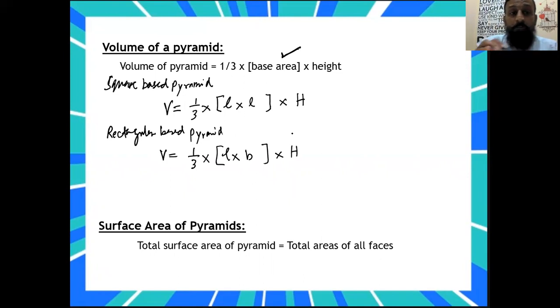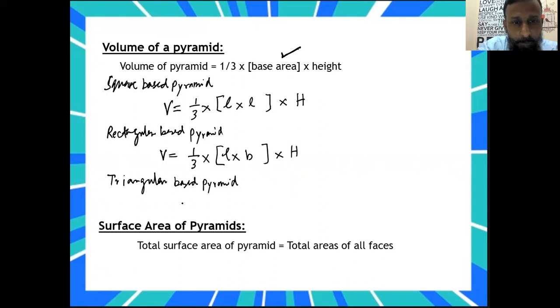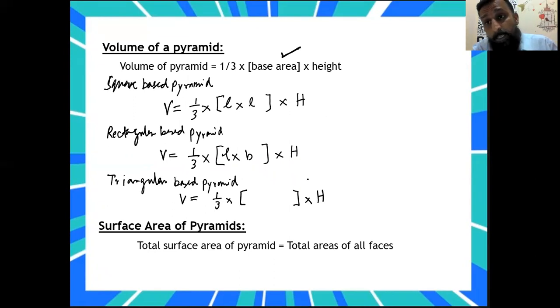Example number 3, if we have a triangular base pyramid, so dear students, our formula will be V is equals to 1 upon 3 multiplied by base area and then multiply by height. Now remember, how do we calculate the area of a triangle?